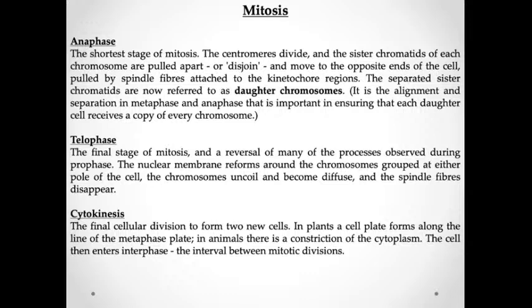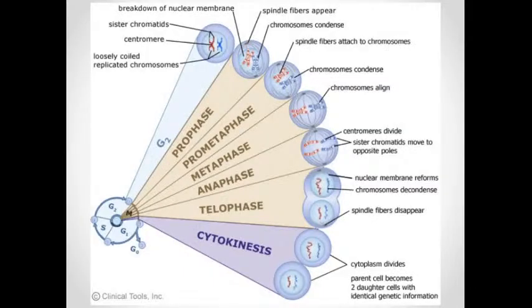The separated chromatids are now referred to as daughter chromosomes. They are separated now. In telophase, that is the final stage of mitosis, a reversal of many processes observed during the prophase occurs, and the nuclear membrane reforms and chromosomes group at either pole of the cell. In cytokinesis, there is a division of the cytoplasm.